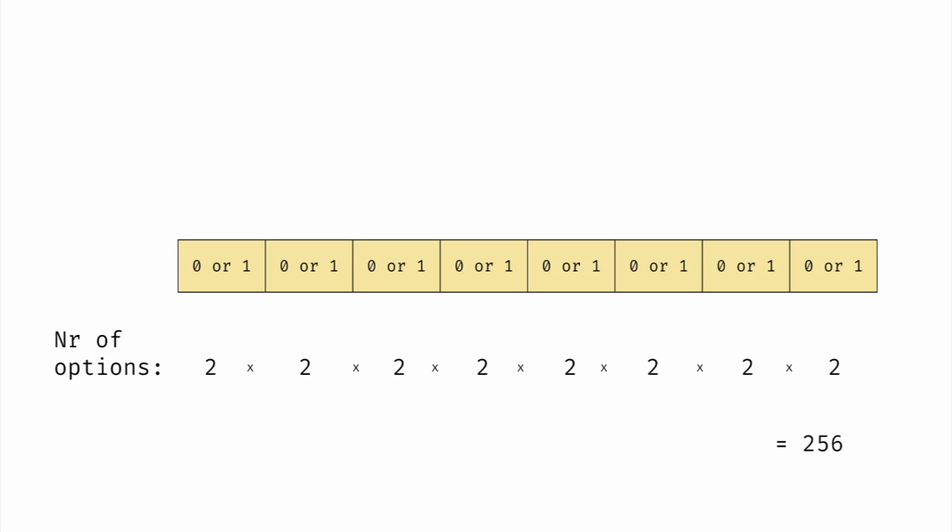This equals 256. The highest number we can get to with a byte though is 127. This is because it's a signed number. We can also have negative numbers. All the negative numbers, 0 and the 127 positive options, makes 256 options in total.